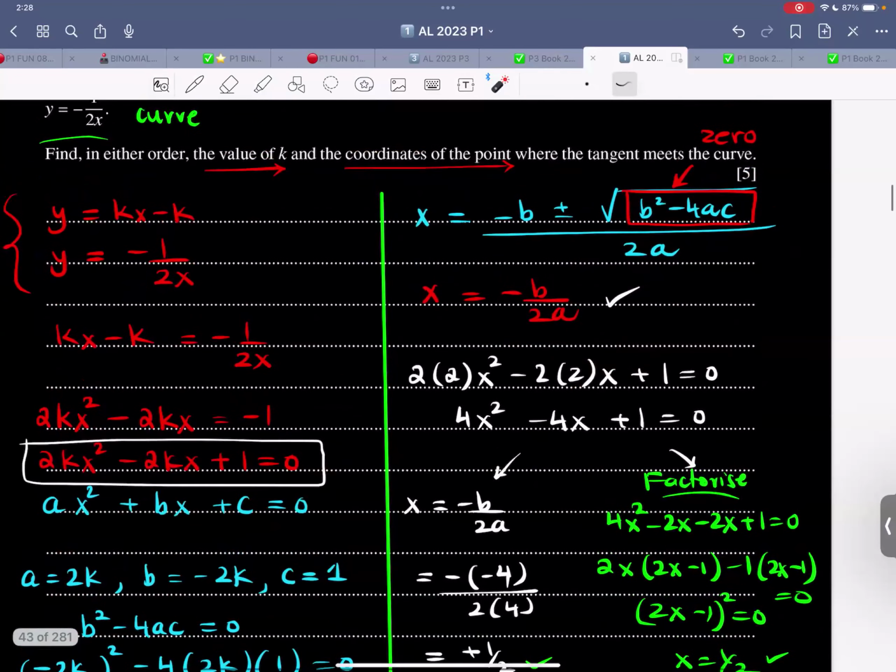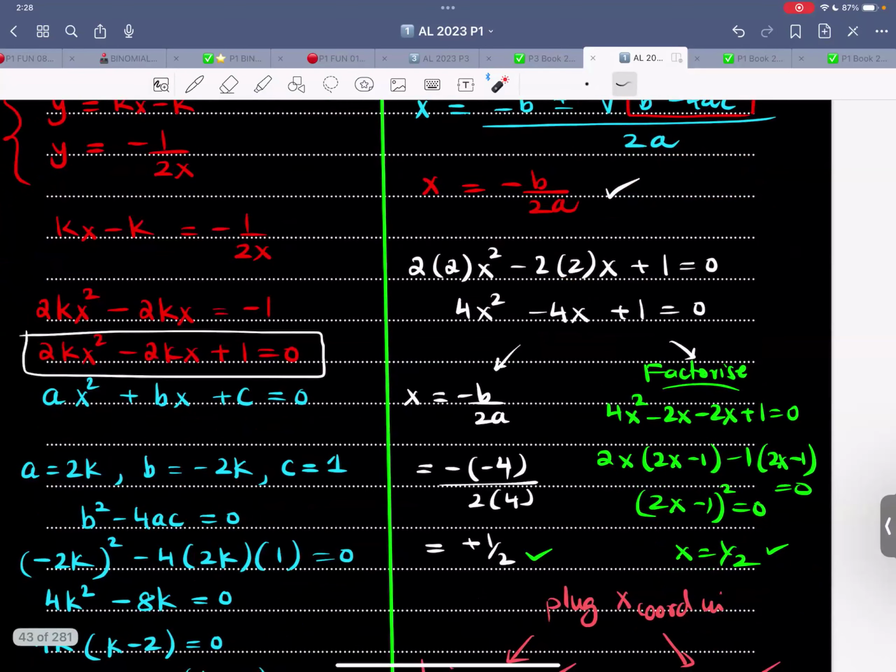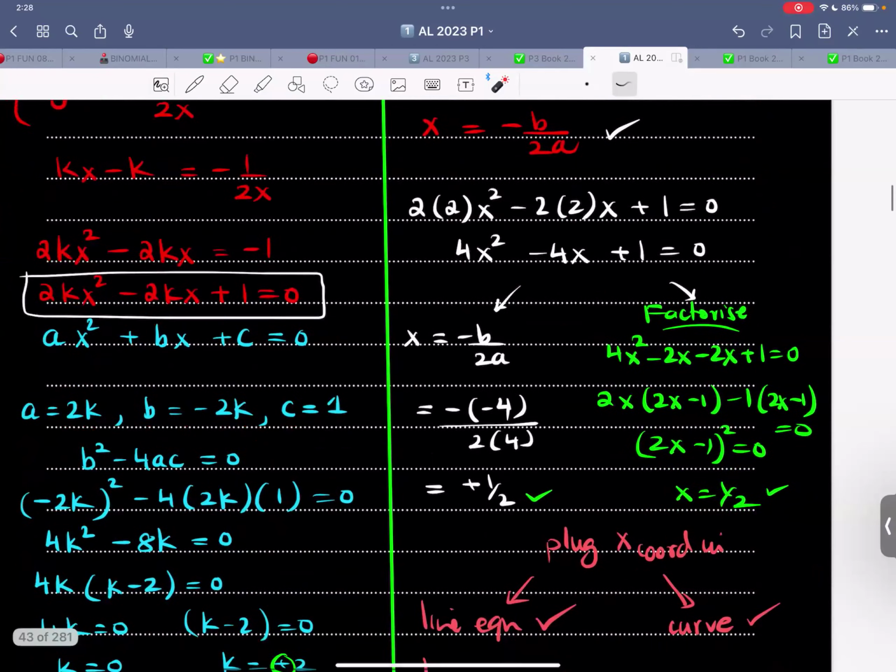Now, when we use the quadratic formula, and if the discriminant is 0, the whole x value boils down to this. You just get one answer. So what I did is that in this particular single equation, I plugged in the value of k equals 2. I get this equation.